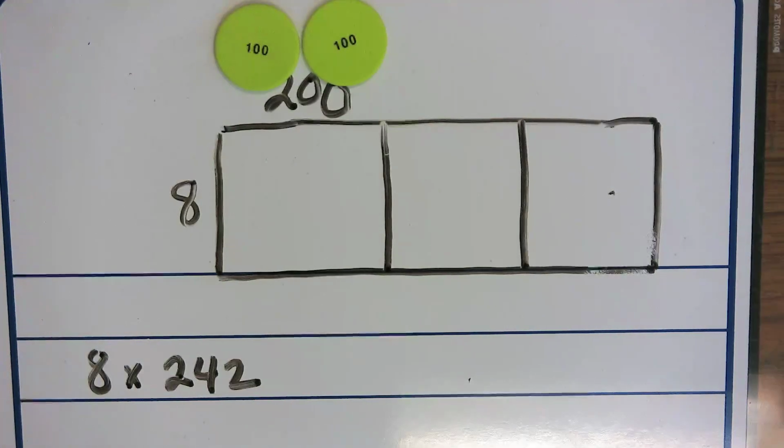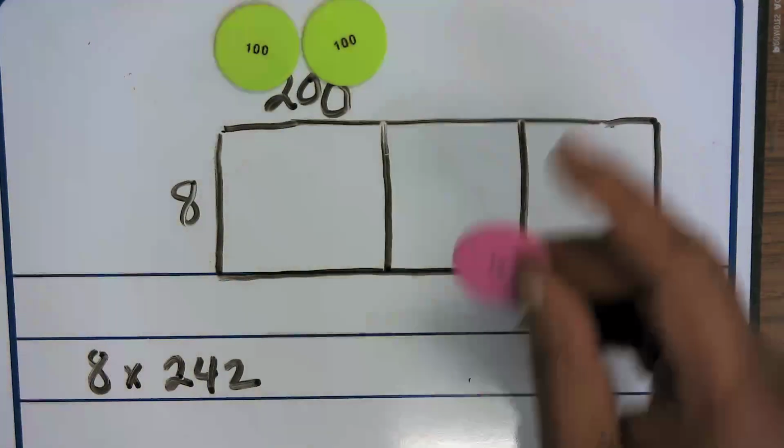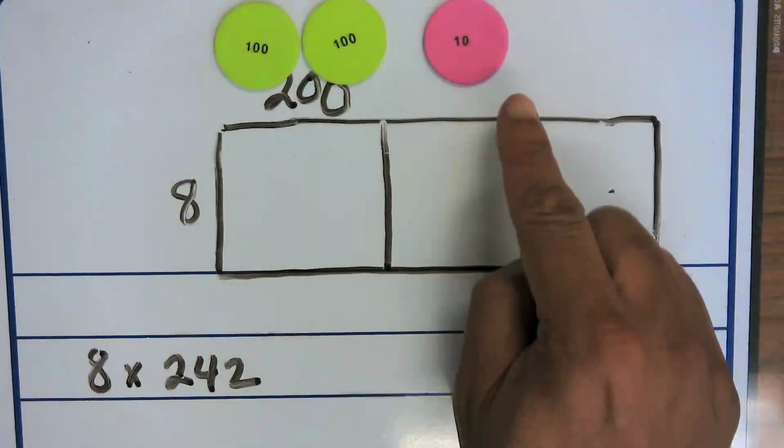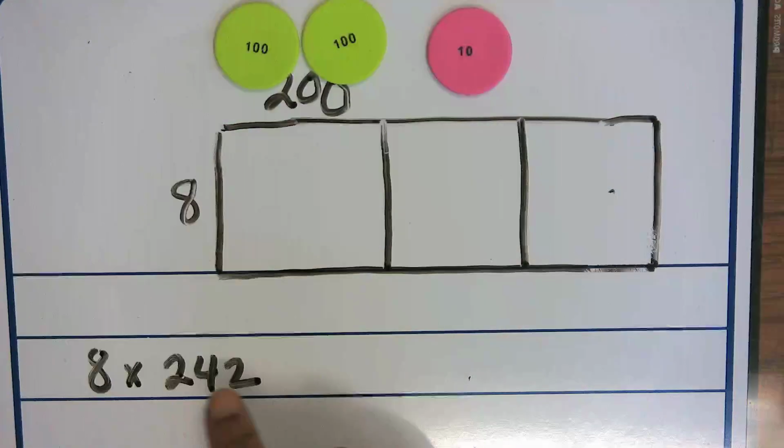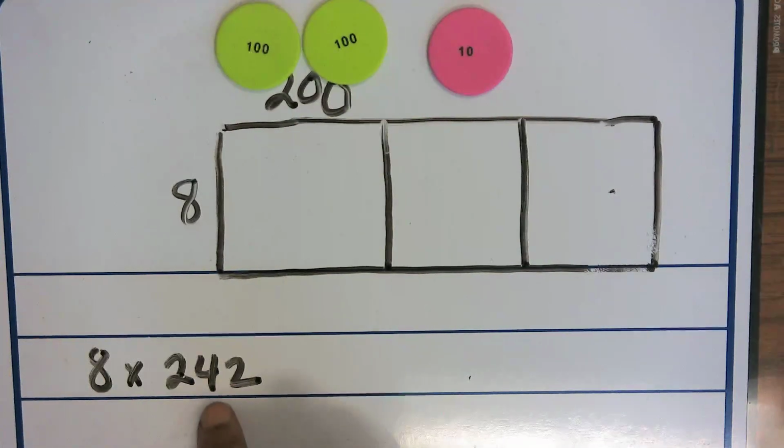And I got tens, so I'm just going to go ahead and represent my tens. Each one of these is 10. But how many tens are in the tens place? Now I'm confused. I heard 4, then I heard 40.